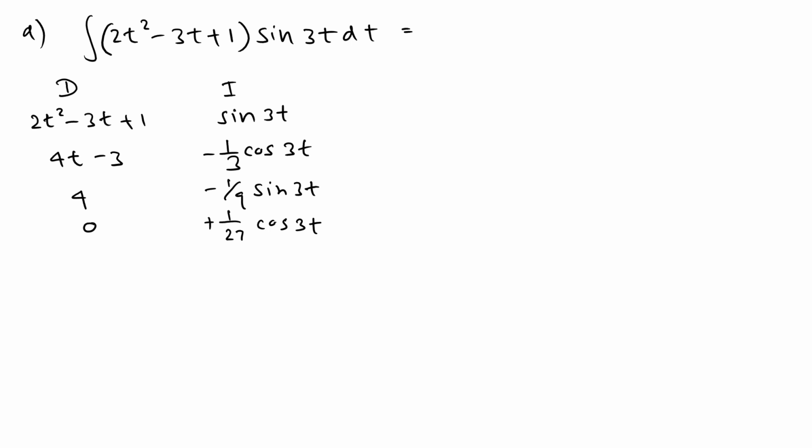And then we know that you start with the plus sign, and then minus, and then plus. Okay, like that. So let's multiply them. You multiply the first two. I'm going to put the negative sign in front, and then 1/3 also in front. So we have (2t^2 minus 3t plus 1) cosine 3t. That's the first one.